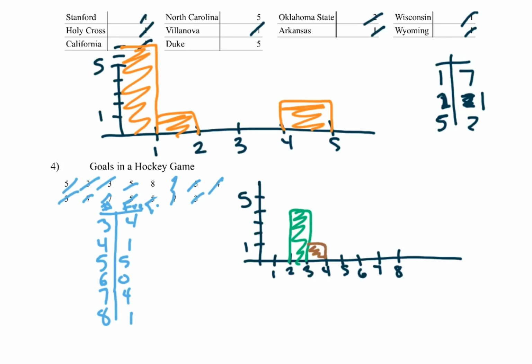And then at 5, there were 5. 6 had 0. 7 had 4. And 8 had 1. Now I think these ones are probably the best ones to use the calculators for making the histograms. Okay, I think that's our best option when it comes to the histograms, is using the calculator.